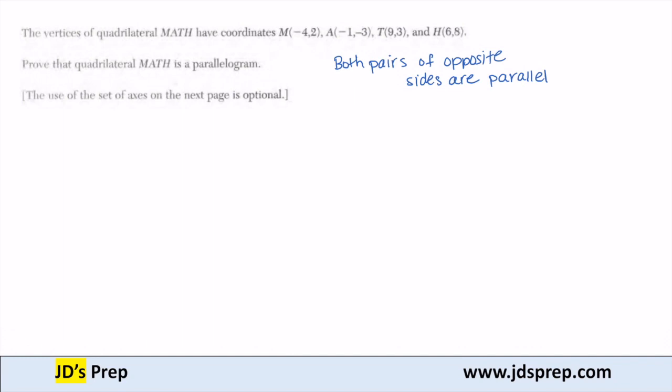Let's find the slope between MH, the slope between AT, the slope between M and A, and the slope between H and T. Right? So M and H. Here's M and here's H.